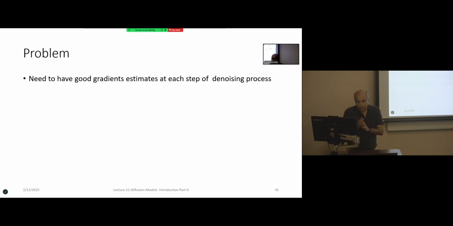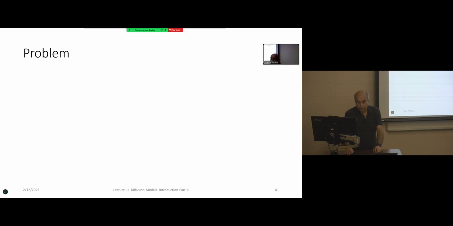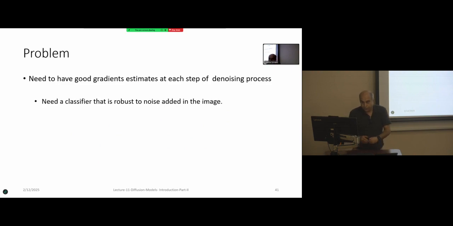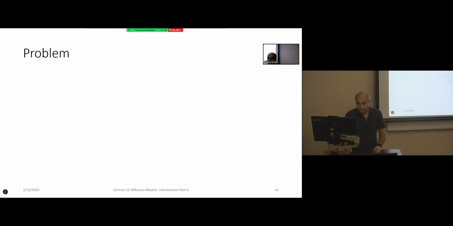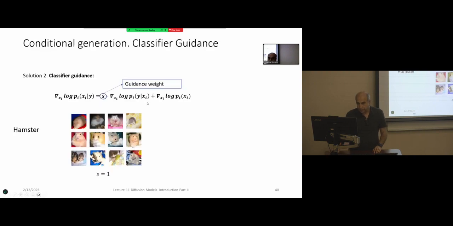Now the problem is that you want to use the classifier here, this is a classifier, right? Given x, you want to classify it, and you want to take the log of that and all this. Now, as you remember, xt is a noisy image.